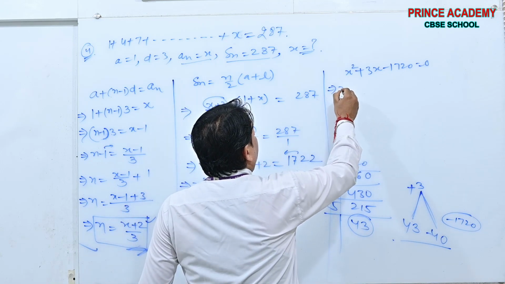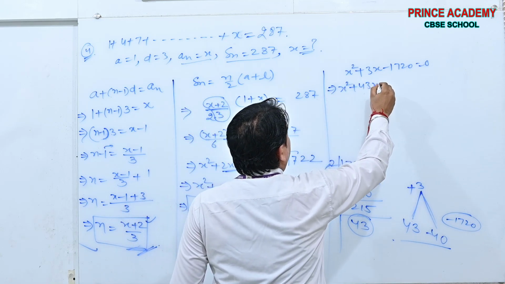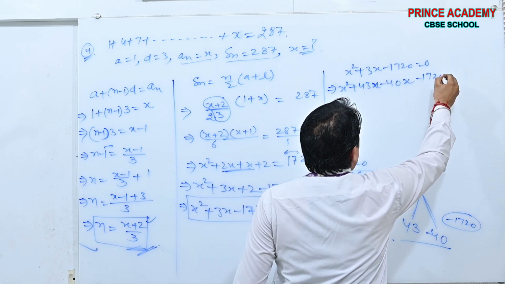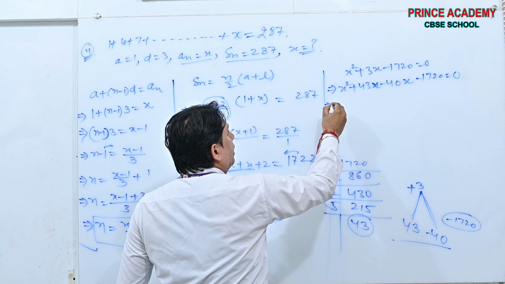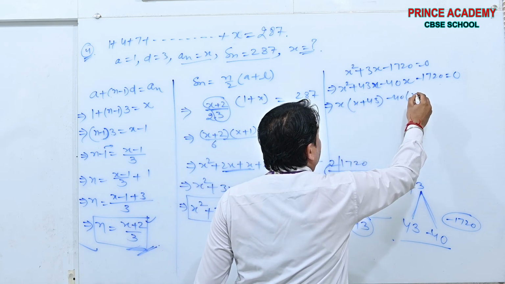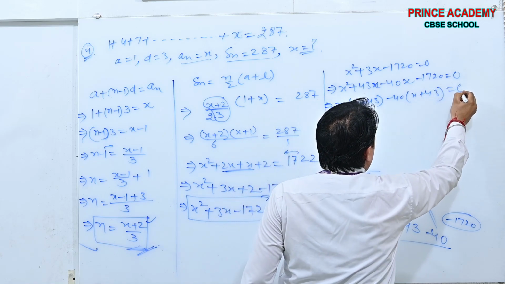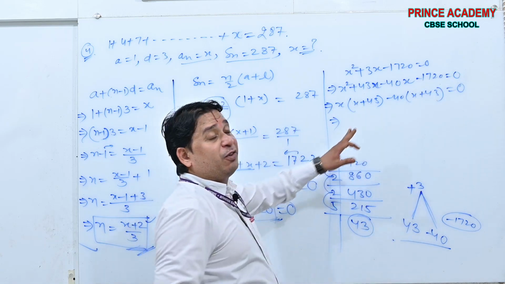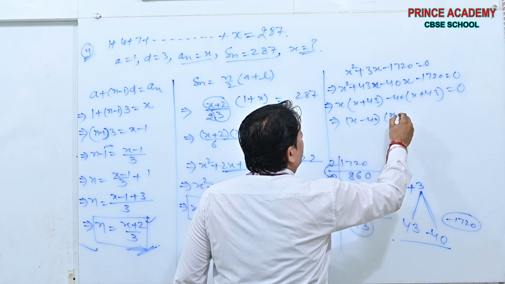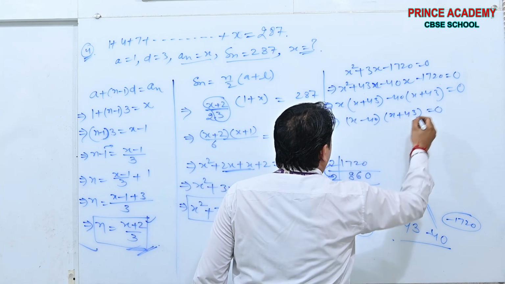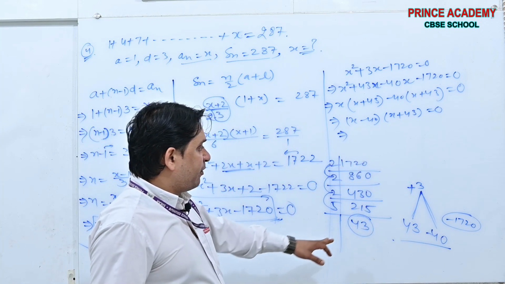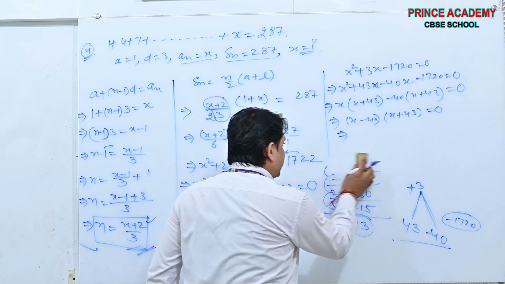See, here x square plus 43x minus 40x minus 1720 is equal to 0. x common, x plus 43, minus 40 common, x plus 43 is equal to 0. I am solving it very fast because you all know this method. I think you all have understood this concept.